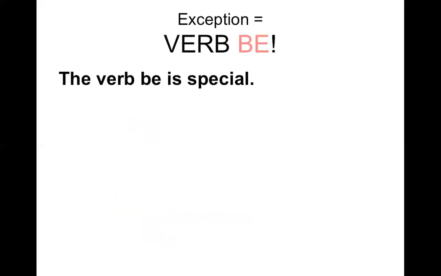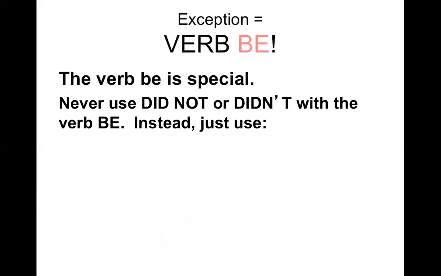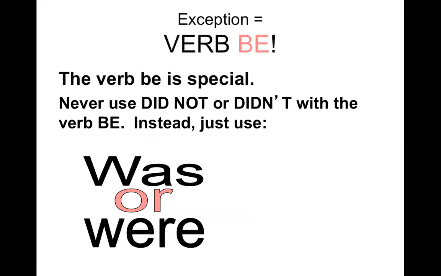Exceptions: the verb to be. The verb be is special. Never use did or didn't with the verb to be. Instead, you use was or were, plus not.